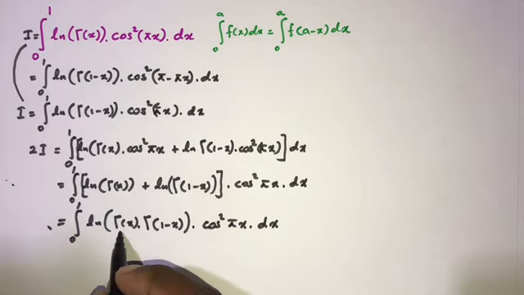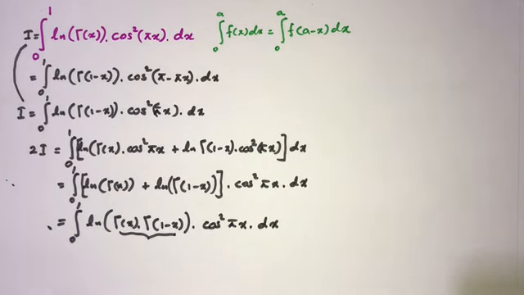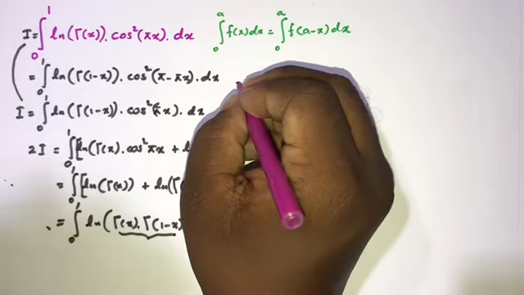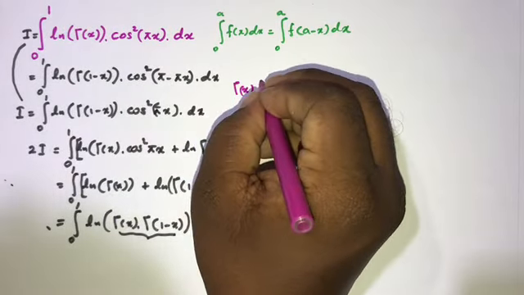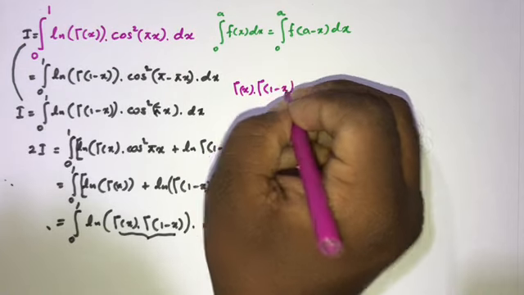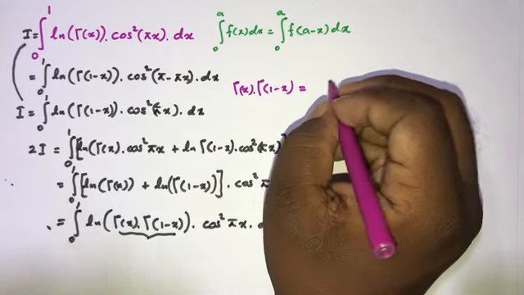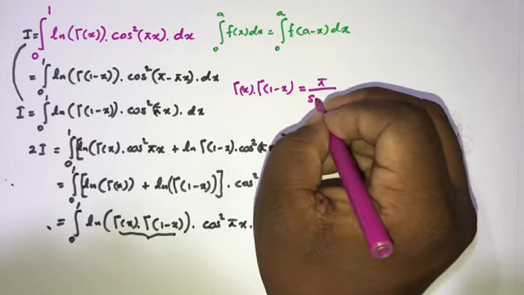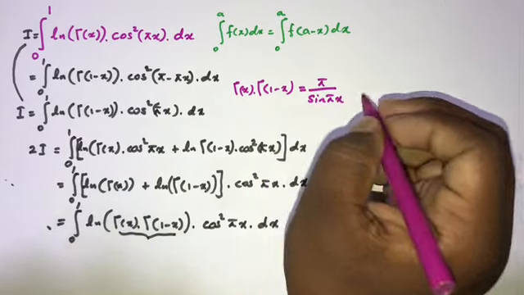Now this is familiar to us because we know Euler's reflection formula: gamma of x times gamma of 1 minus x is equal to pi over sine of pi x.